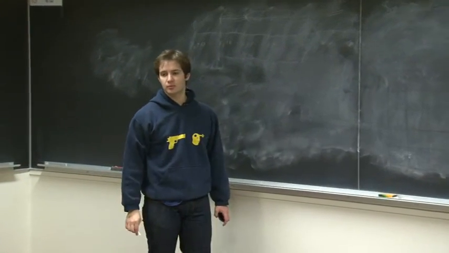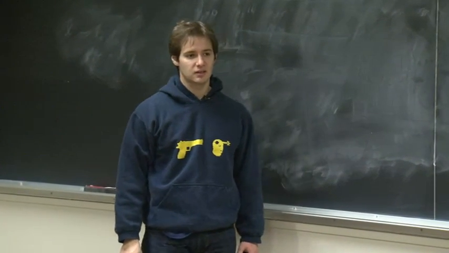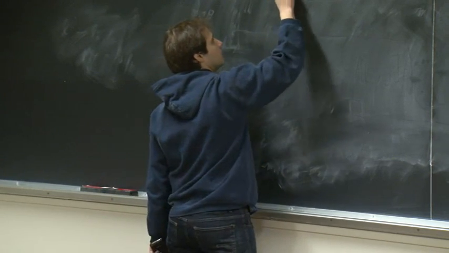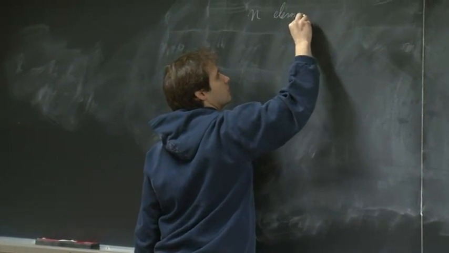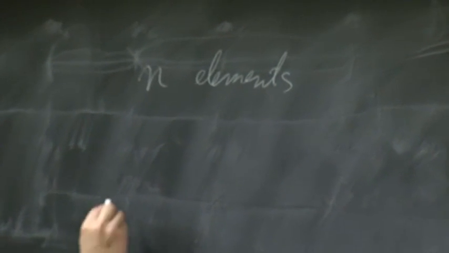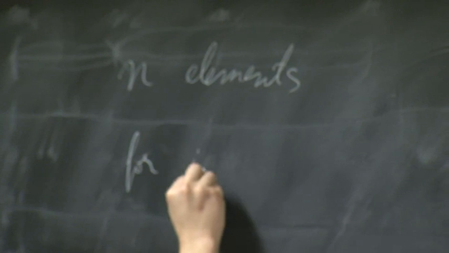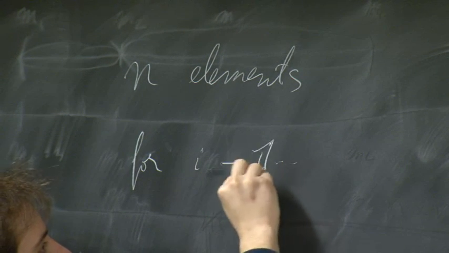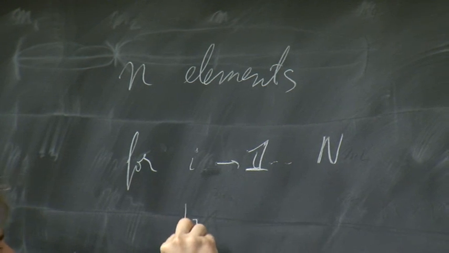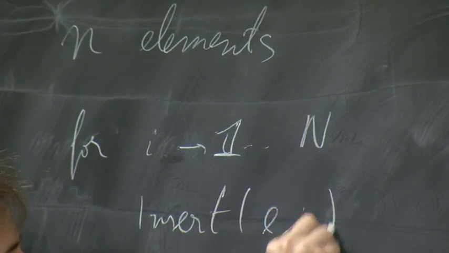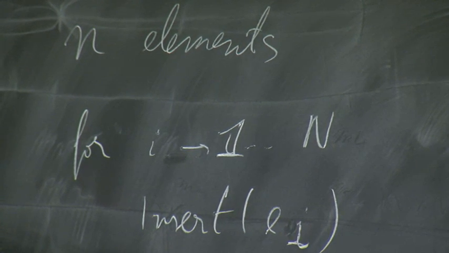So suppose we want to implement a set. The way we're going to implement a set is we have n elements. We're going to put them into the set. So for I goes from 1 through n, we're going to insert element I. So first we're going to insert all the elements into the set.